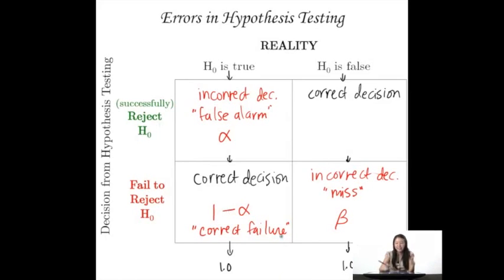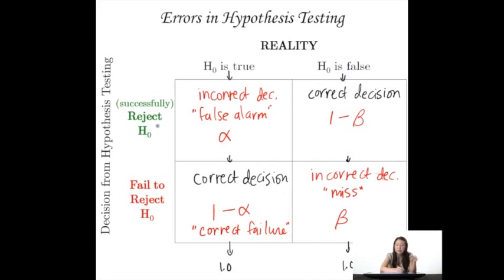So correct failure. On the other hand, this is another possible set of what could be right in the world. So this should add up to 100%. So this should be 1 minus beta. That's our rate of correct decision. Where we successfully reject the null, we say, get out of here. And the null is indeed false, right?